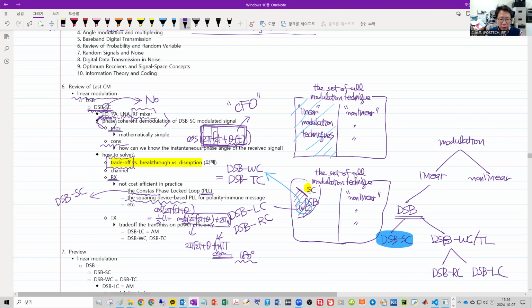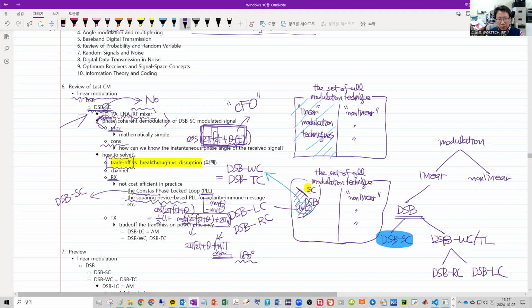However, if our original message signal for the DSB-SC modulation was, for example, an acoustic or speech signal, then our ear cannot distinguish the message m of t and negative m of t.